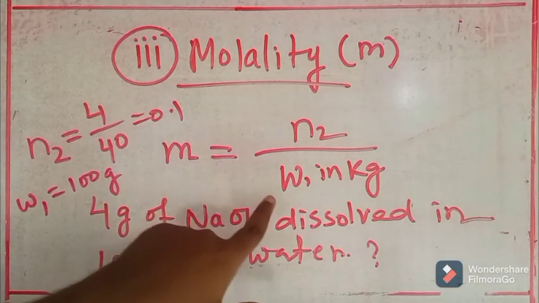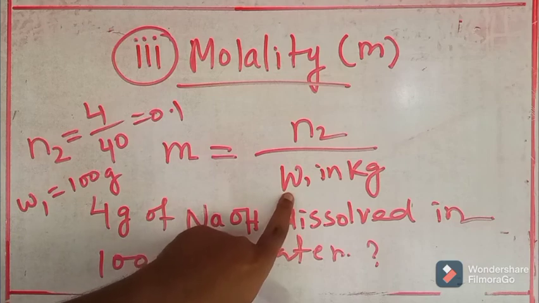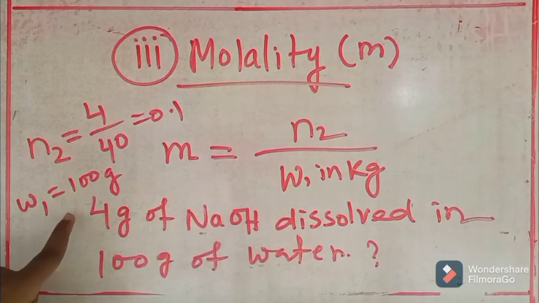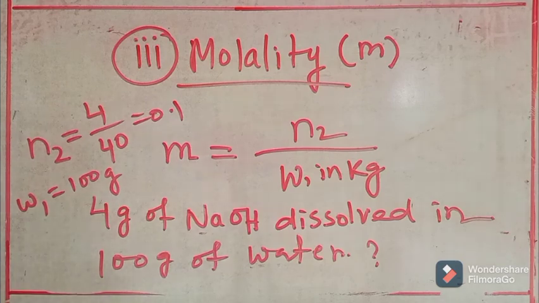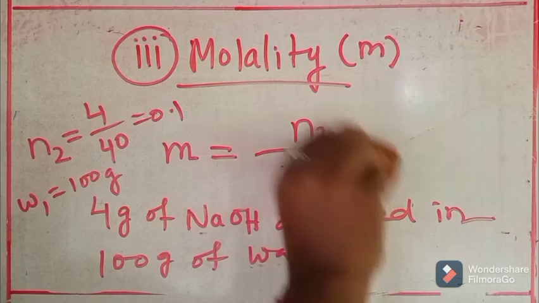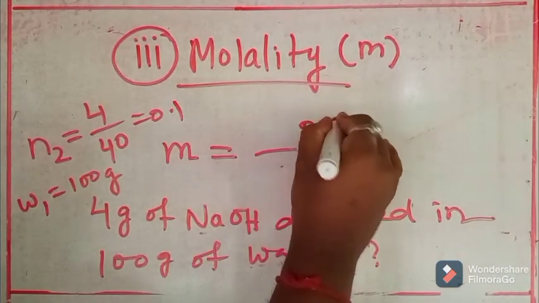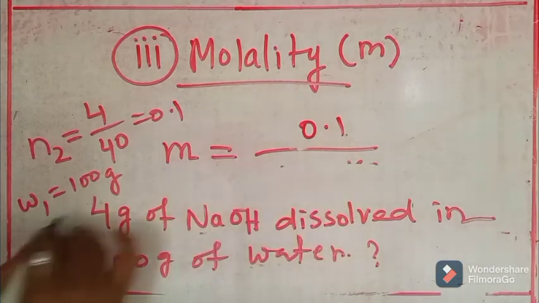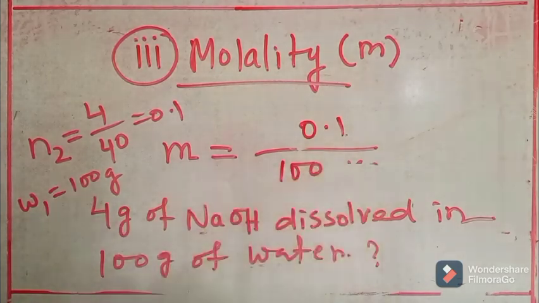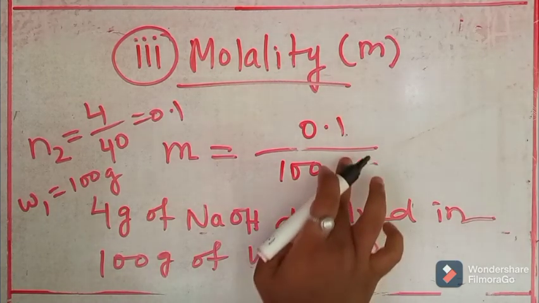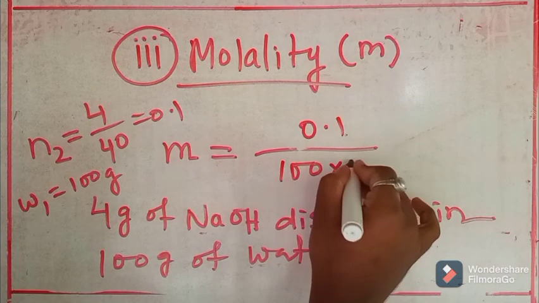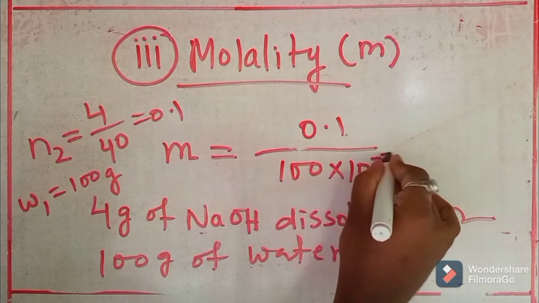But we have to put the value of W1 in kilogram, so we have to convert this 100 gram into kilogram. In this equation we put the value of N2, that is 0.1, and W1 is 100 gram. To convert 100 gram into kilogram, we multiply it by 10 to the power minus 3.